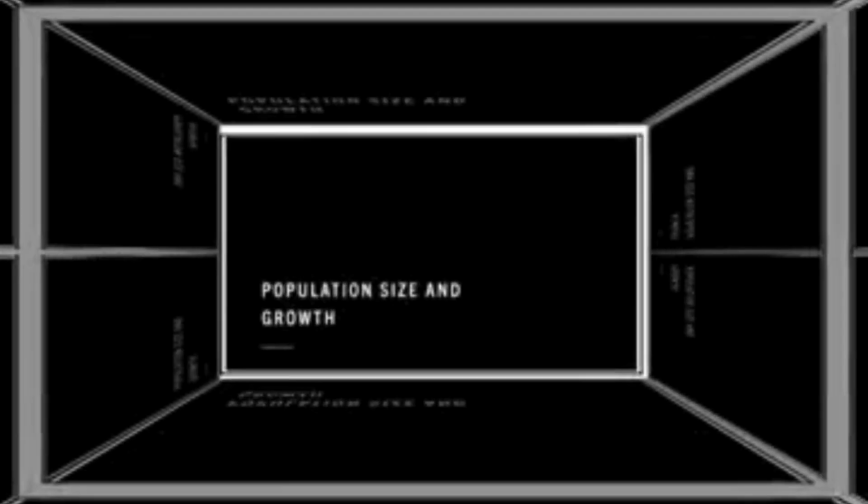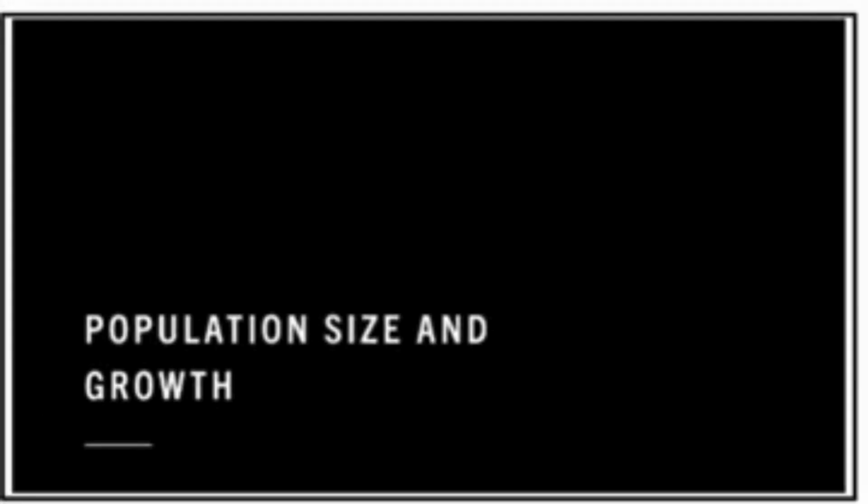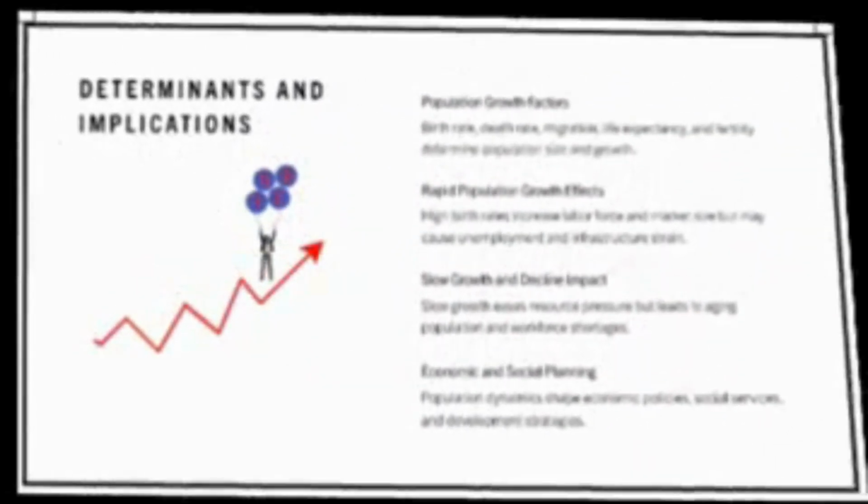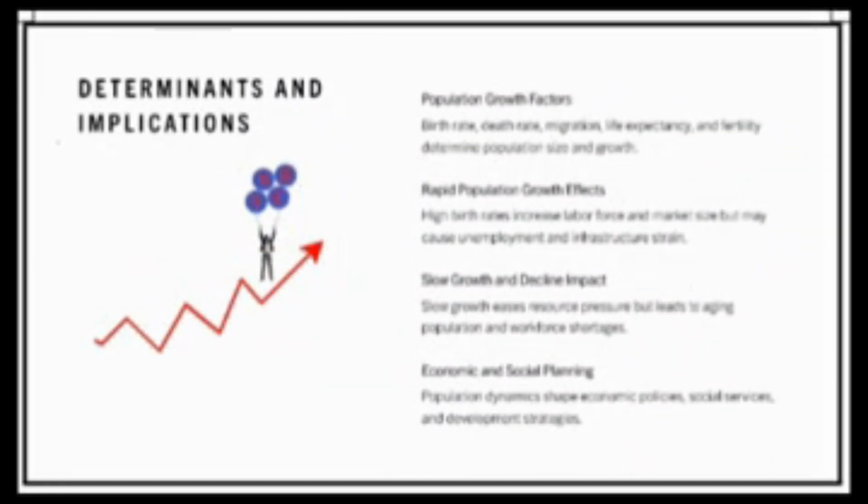How can we determine population size, and what implication does this have on growth? The following factors do affect population size, and we are going to look at their implications on economic growth. The first one is birth rate, which is the number of births per 1,000 people per year.